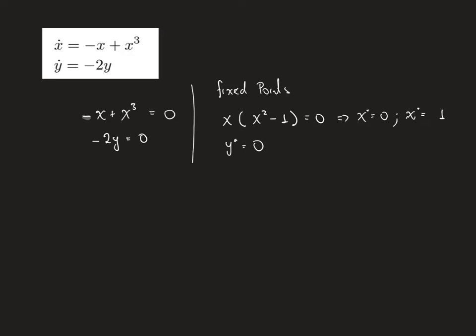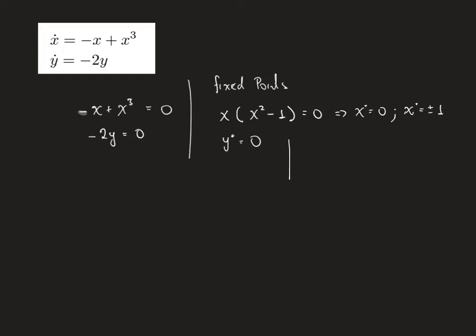Actually equal to plus minus 1, so we can have the two signs. So how many fixed points do we have? 2? 4? Actually we have 3 fixed points. We will just put it in here.